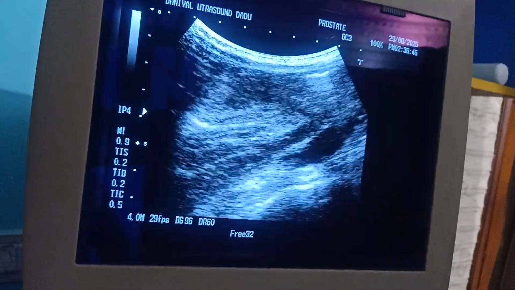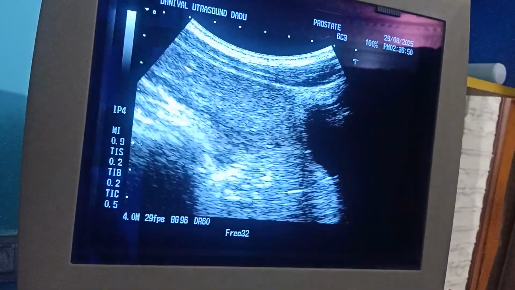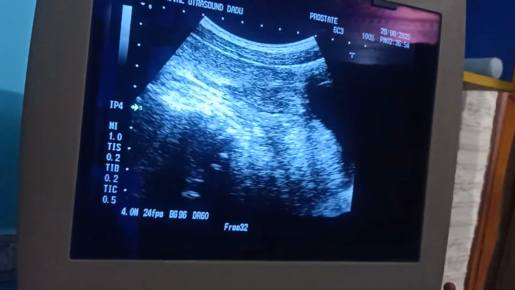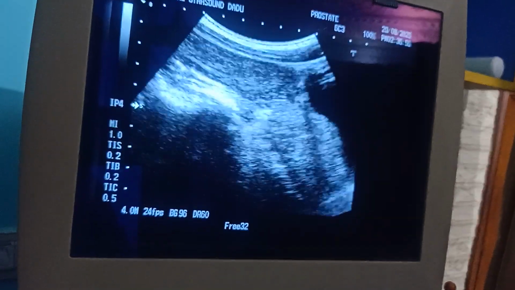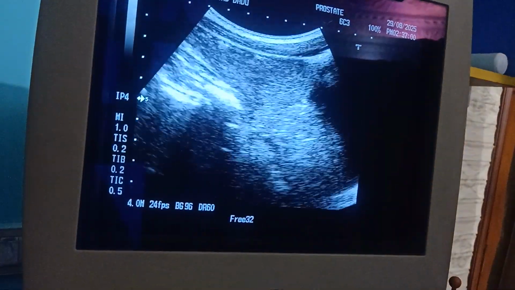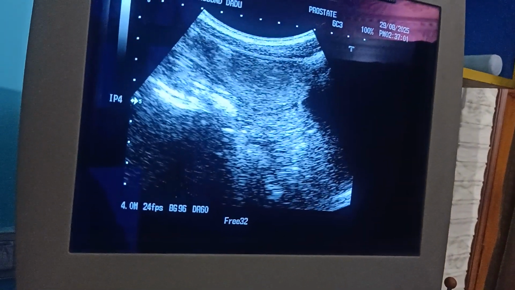You see here. Another thing, we have to find out whether there is any fluid in the peritoneal cavity or not. So here in this case we have streaks of fluid in the lower abdomen around the guts. You see, there's a thin streak around the guts.